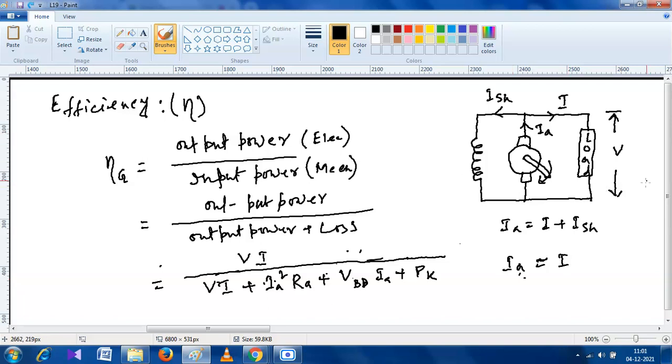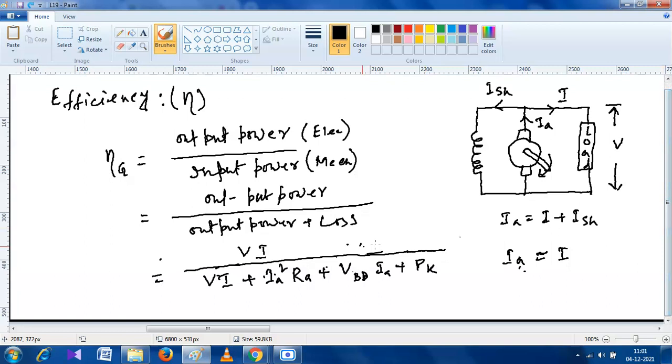So we have to replace here Ia by I. So the efficiency is VI by VI plus I square Ra plus VBD I plus Pk.